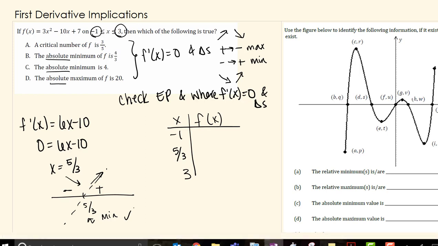I'm going to be plugging all these values into my original function. The first value I'd be plugging in is -1. When I plug in -1, I get 20.